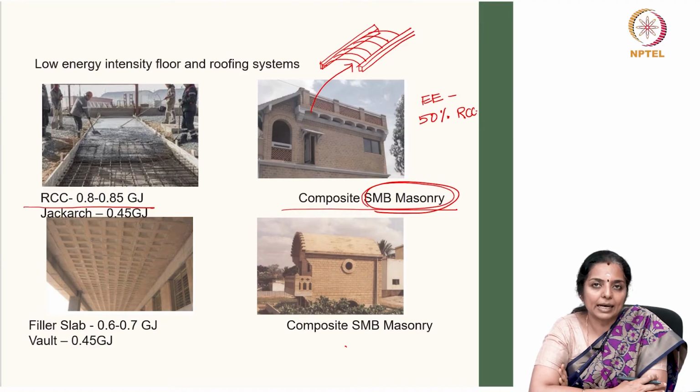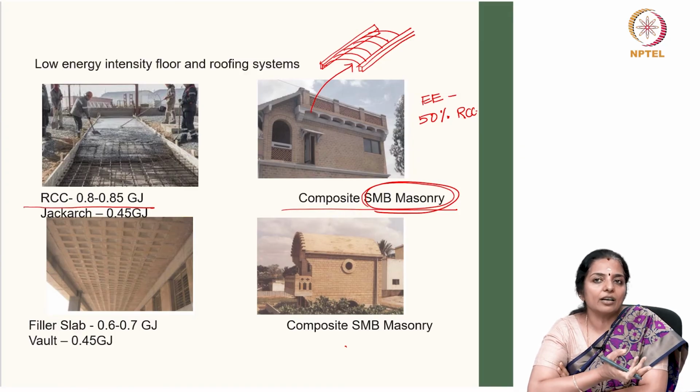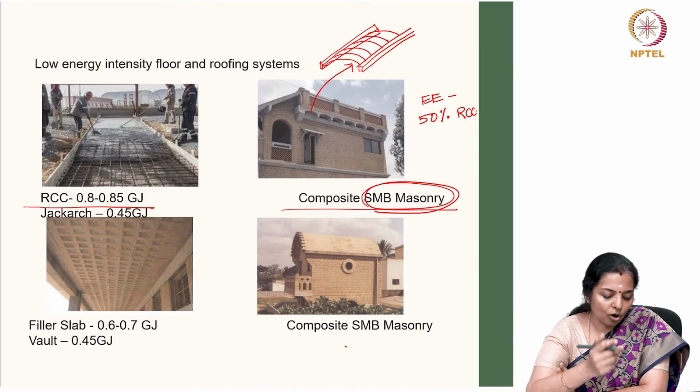What is a filler slab? Filler slab roofs are basically solid reinforced concrete slabs with partial replacement of the concrete in the tension zone by a filler material. The filler material could be something cheaper or lighter.